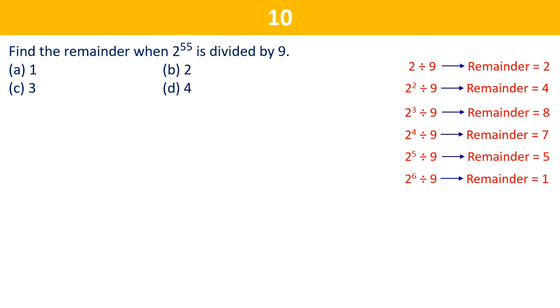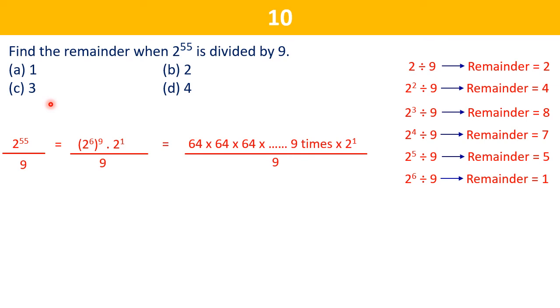So here we will make the clusters of 2 to the power of 6. If I want to divide 2 to the power of 55 by 9, I will make the clusters of 2 to the power of 6 like this. There will be 9 such clusters, as 9 into 6 is 54, and one 2 will be written separately. So this can be further simplified as 64 into 64 for 9 times, and one more 2 will come.